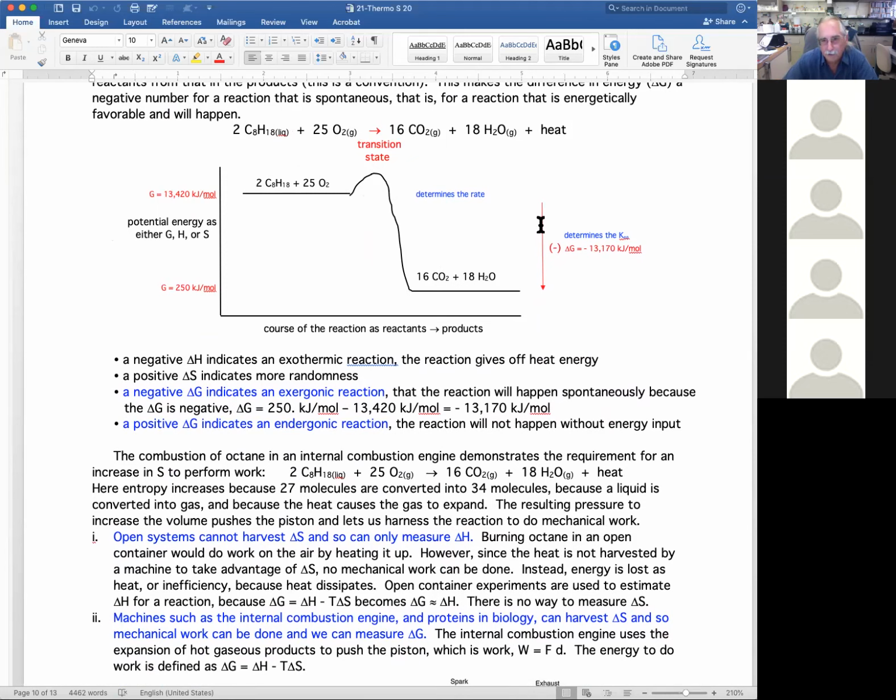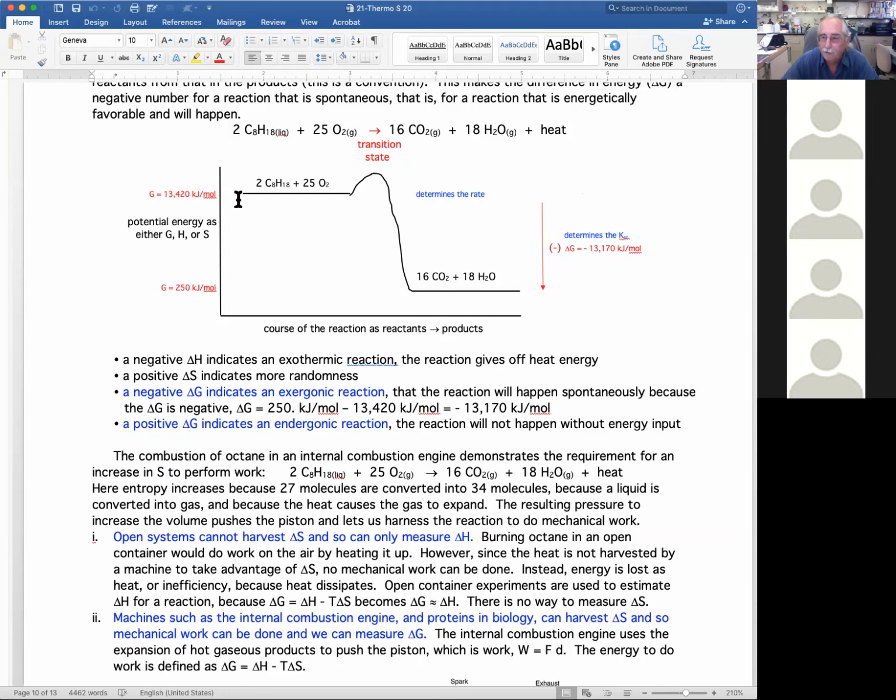Now, why is delta G negative? Well, in the beginning, somebody had to make this decision. Do I take this number and subtract this number? Or do I take this number and subtract this number? Going back to the equilibrium constant, how do I define it?